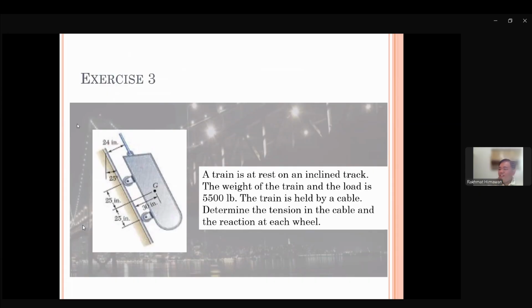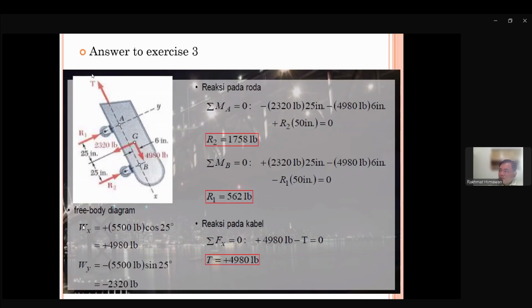Is it in the roller, or do you make something else? But that coordinate needs to connect all those reaction forces, which are T, R1 and R2, that are being asked to find.